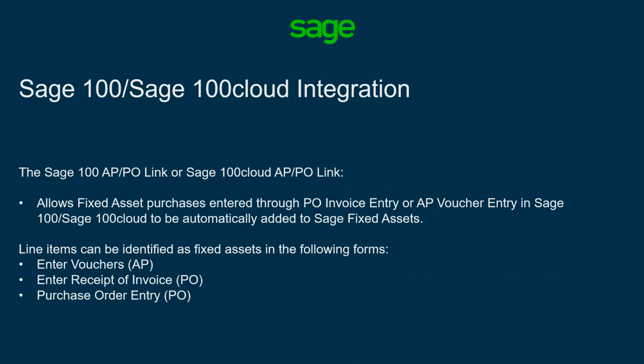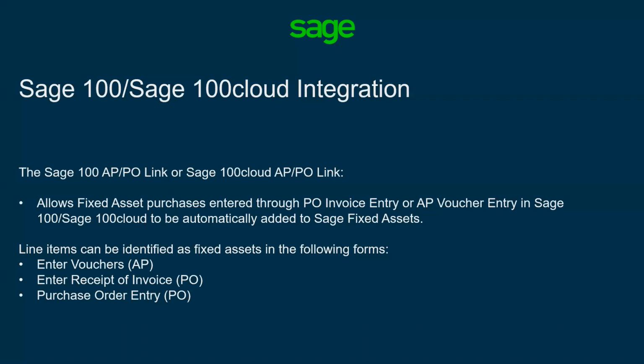Asset creation. If you're using the accounts payable and/or the purchase order module, you can actually create assets from inside of Sage 100 while doing those processes. So that's really great direct integration that would make your workflow much easier, eliminating redundant entry as far as creating assets.